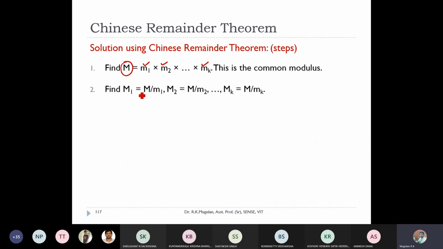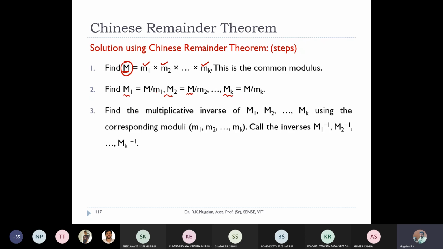In the second step, you have to compute k number of values called M1, M2, up to Mk, such that capital M1 will be the common modulus you found by multiplying these values, divided by m1. And M2 will be again the capital M divided by m2, and so on up to Mk.